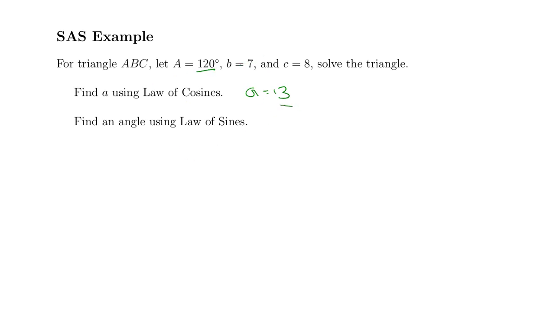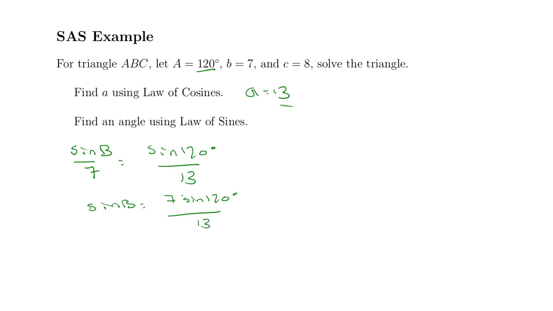And now we have an angle and opposite side length. We can find angle B or C, doesn't really matter, using the law of sines. So I'll just do B because that's the next one that we've got. Sine of B over 7 equals sine of 120 degrees over 13. And so I know that sine of B is going to be 7 sine of 120 degrees over 13.